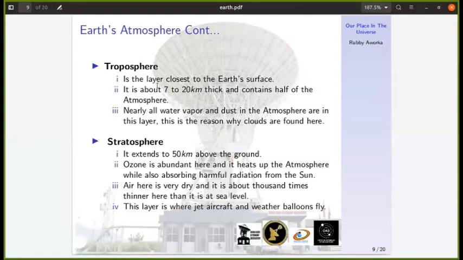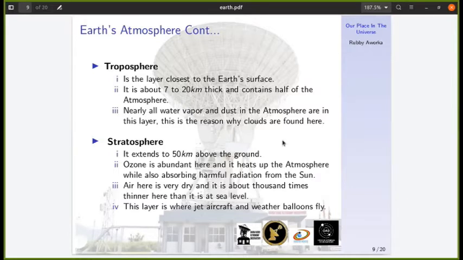The air here is very dry and is about 1,000 times thinner than it is at sea level. Within this layer, our weather balloons and jet aircraft fly.